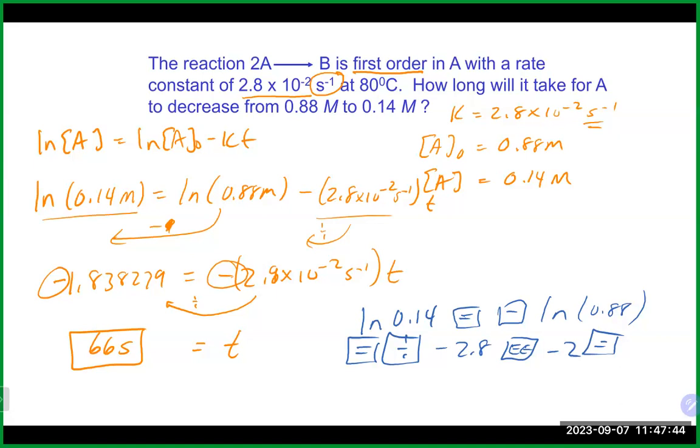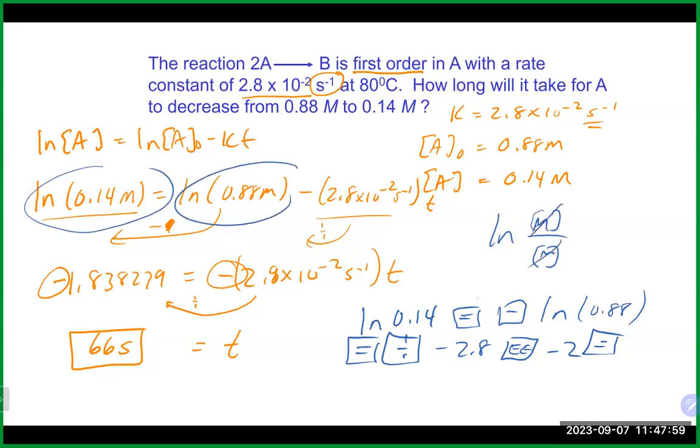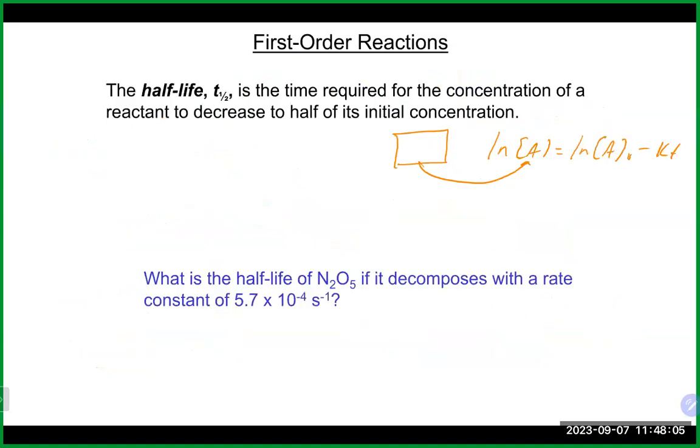Other questions? So basically, if you have the natural log of a concentration over a concentration, it's the same as if you spread them out as separate ones as well. And then that's where your molarities technically would cancel each other out when you do that part of it. Other questions? Okay.